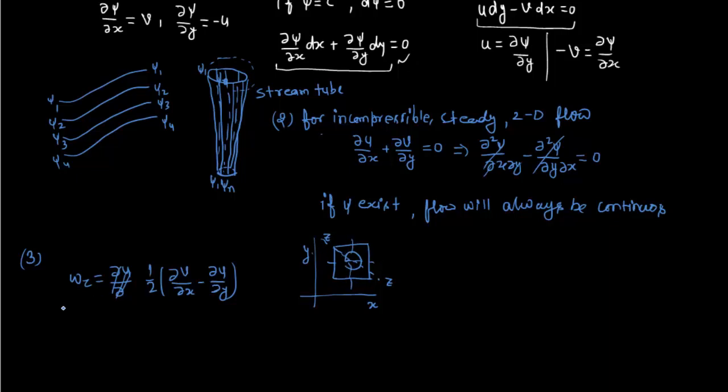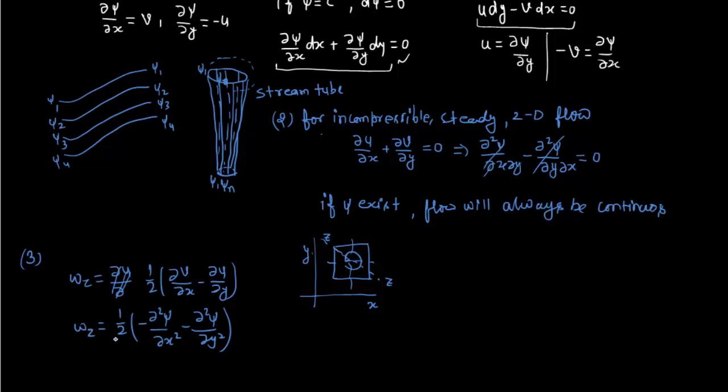That's why I'm writing this equation, omega z equals 1 by 2 into del v by del x minus del u by del y. Let's put the value of u and v here. So we can write this as 1 by 2 into minus del 2 psi by del x square minus del 2 psi upon del y square, when we are putting the value of u and v in this equation.